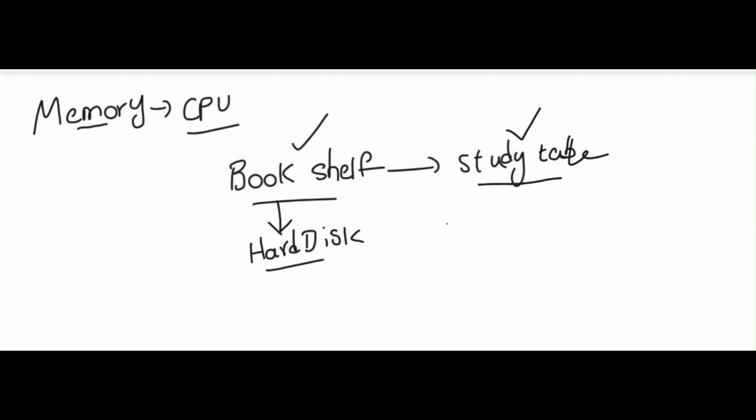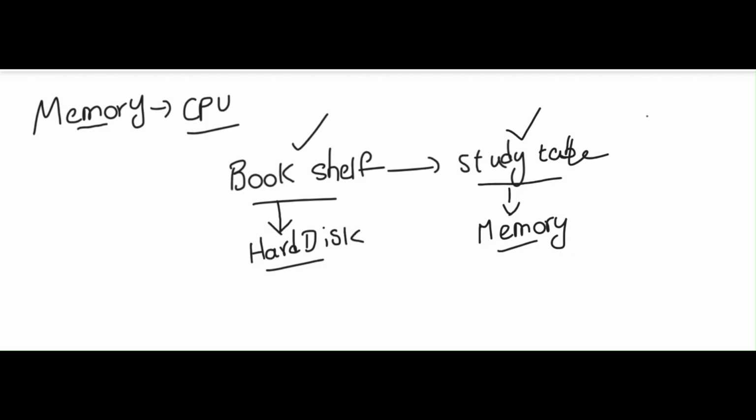Now, the study table is like memory, where you store the data temporarily. You have got different types of memory here. Study table is just like memory where you store the data temporarily.